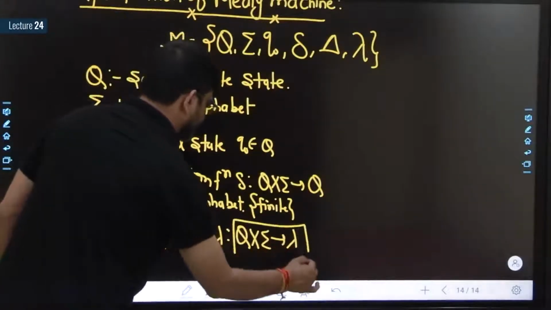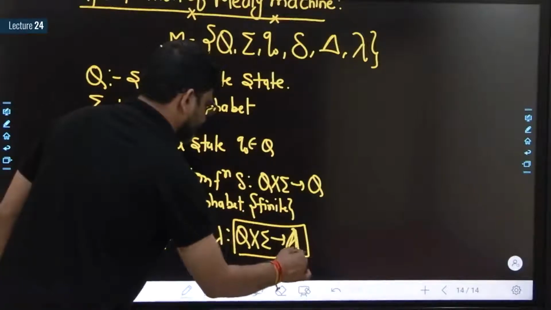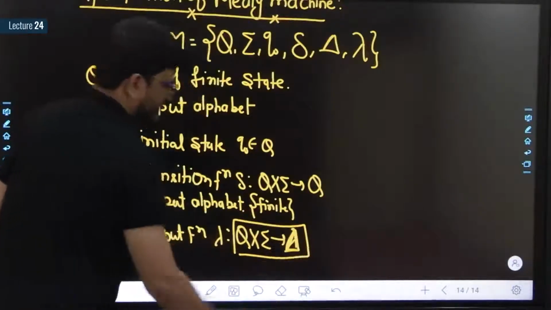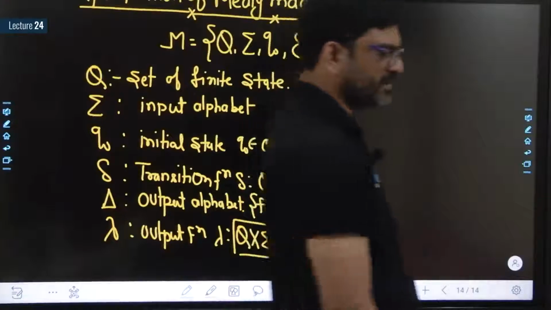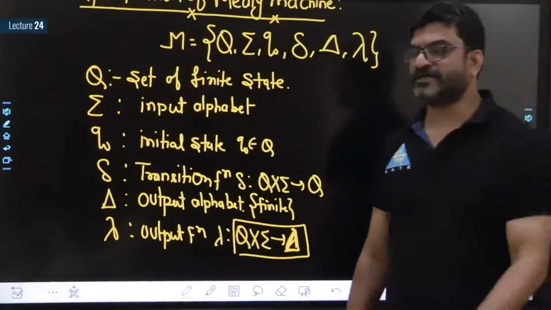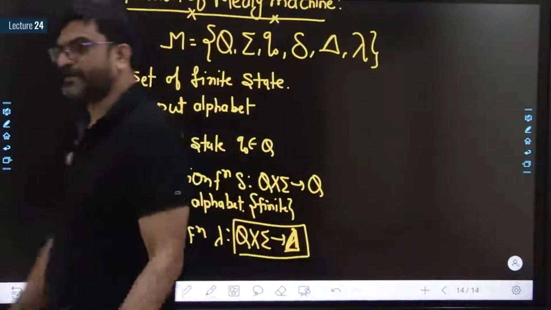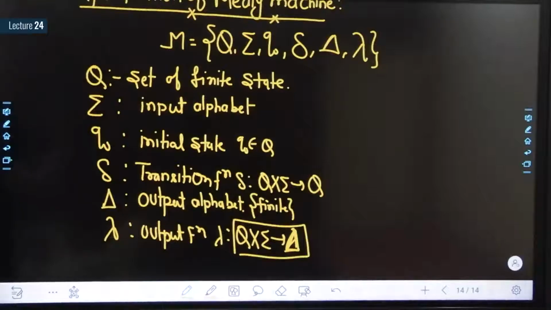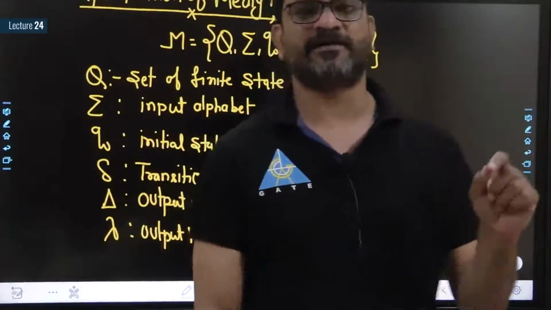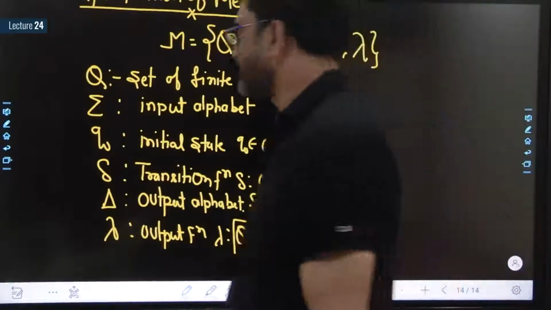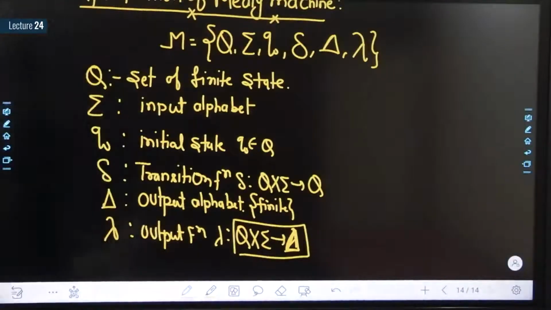That is very important. In Mealy machine, output depends on the current state and input alphabet. But in case of Moore machine, output function depends only on the current state. Clear? Please note this.